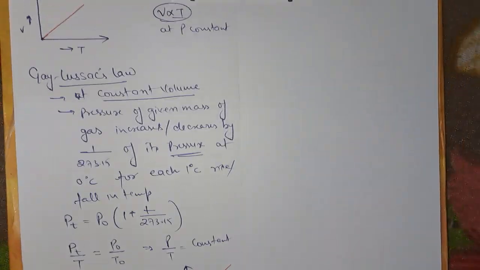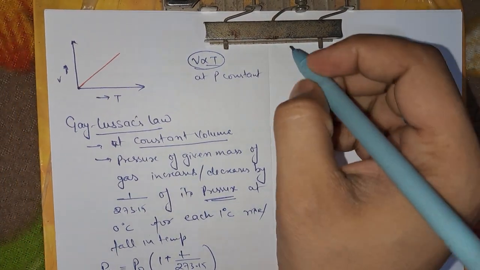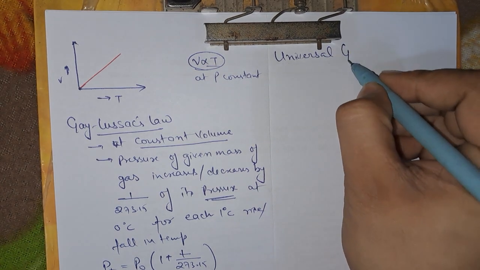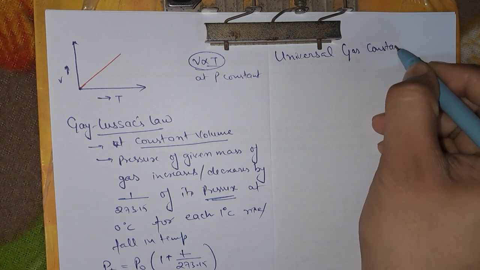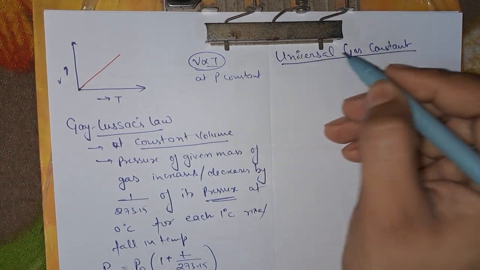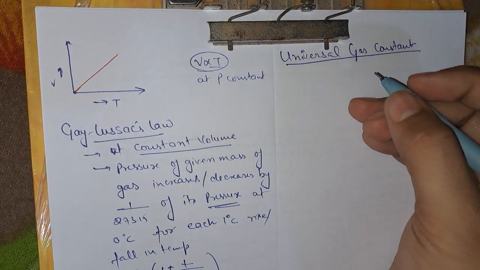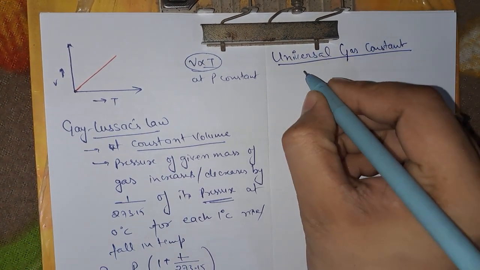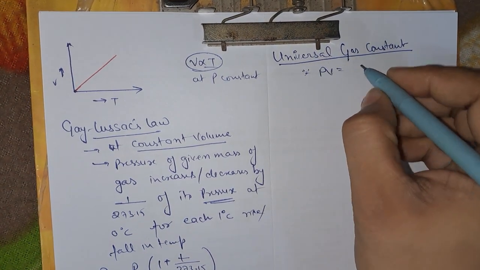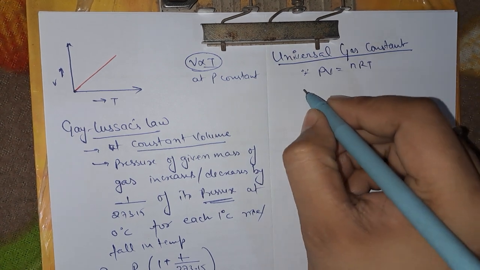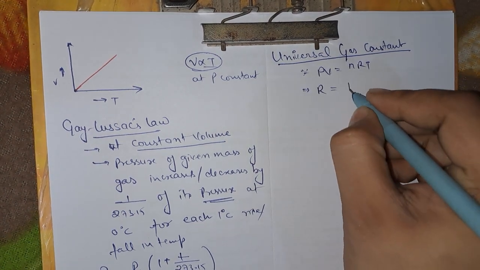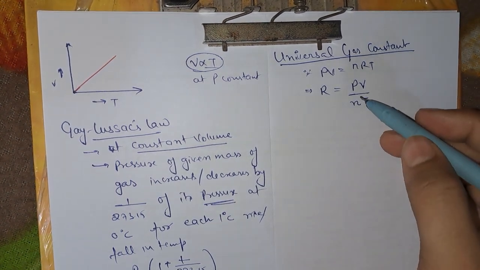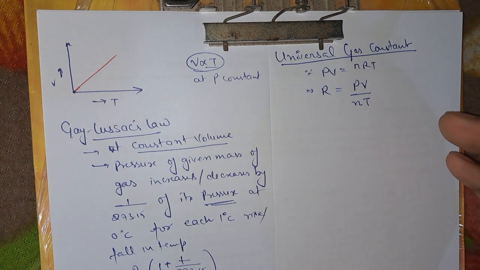Now let us move on to the universal gas constant, the value of R. Since PV equals nRT, we get R equals PV by nT, that is, pressure into volume upon number of moles into temperature.